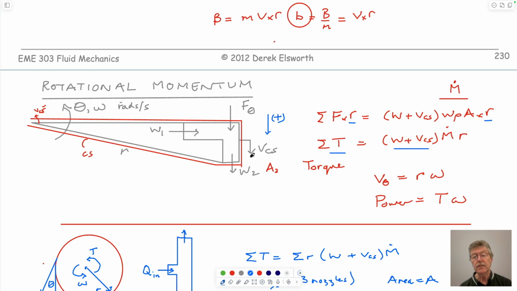We merely noted that there's a sign convention that the velocity of the control surface and the outward velocity of the water and the forces are all in the same alignment. This is a positive direction. Of course, the mass flow rate out of this would be positive, right? Because the outward unit normal would look like this.